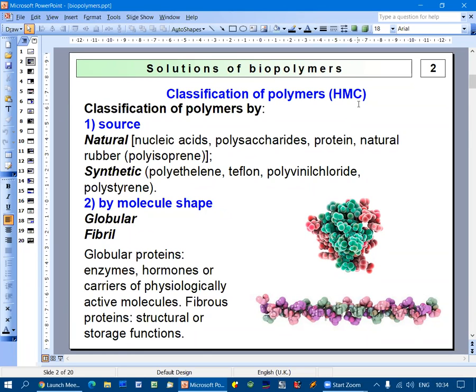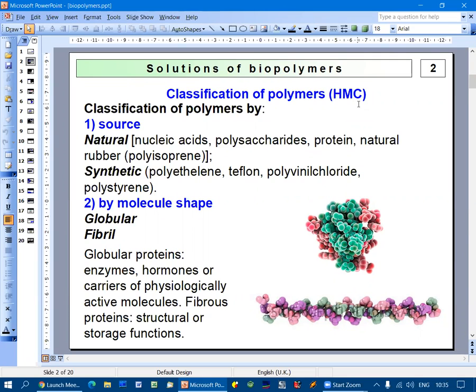They are formed from low molecular weight compounds by polymerization or polycondensation. The only difference is that in the reaction of polycondensation, a low molecular weight compound is a byproduct.